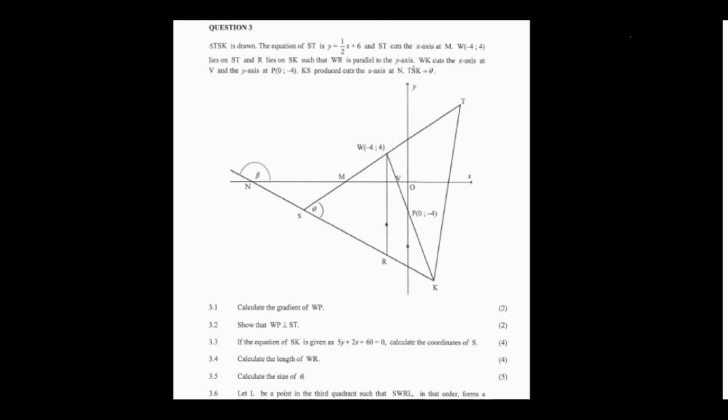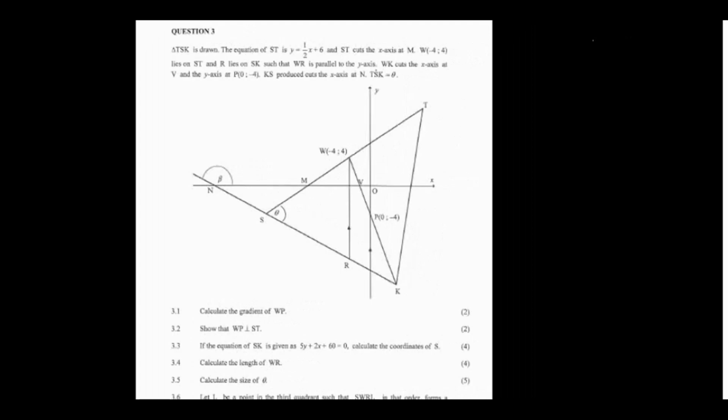So if you've already done analytical geometry and you've gone through the section and you've done your summary and you understand it, then just copy this question down, attempt it on your own first and then play the video to see if you really understood the important concepts, because that is the most effective way that you are going to learn, if you try it on your own first and then you watch the video to see if you are following. All right, so let's just read question 3, right?